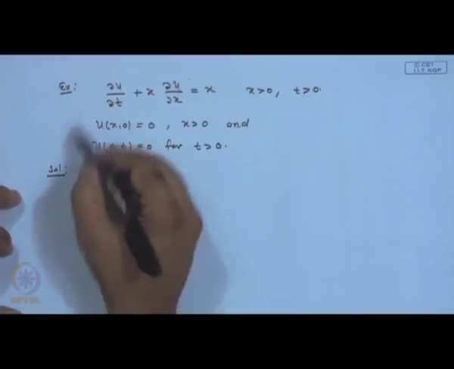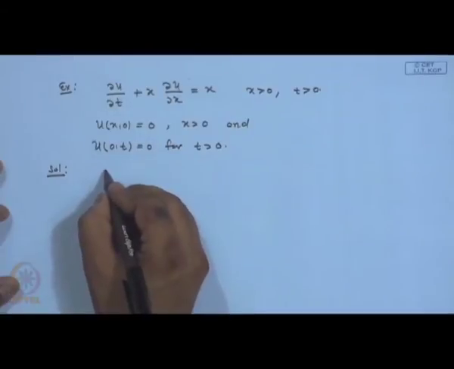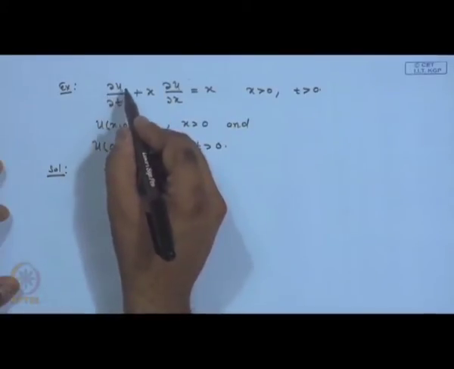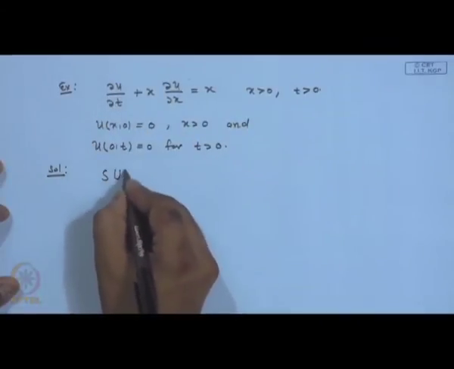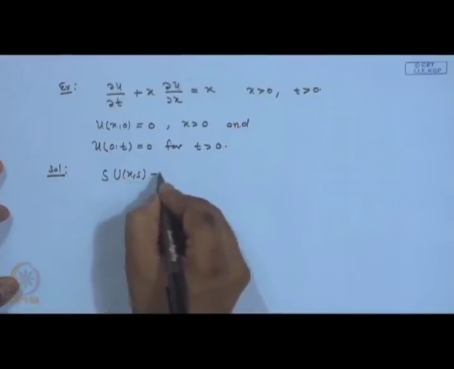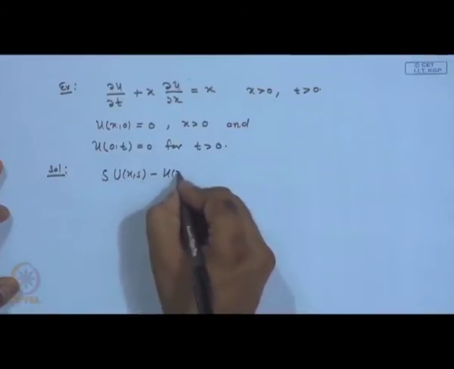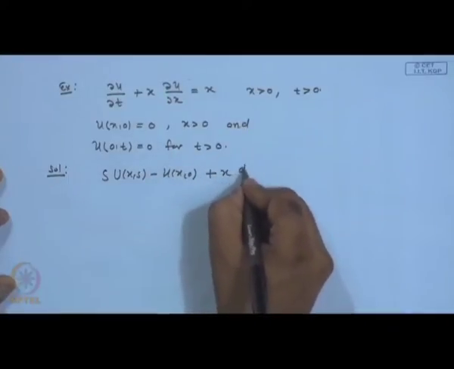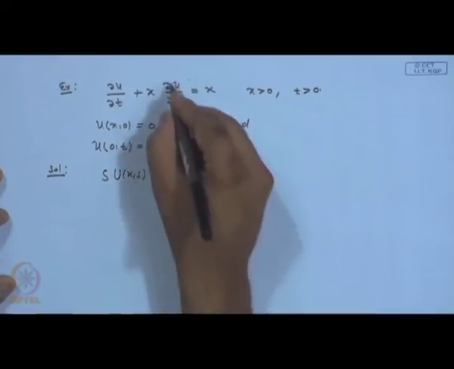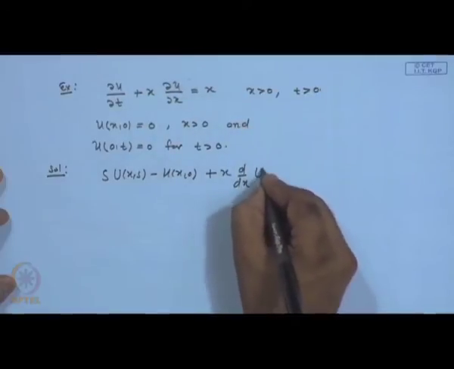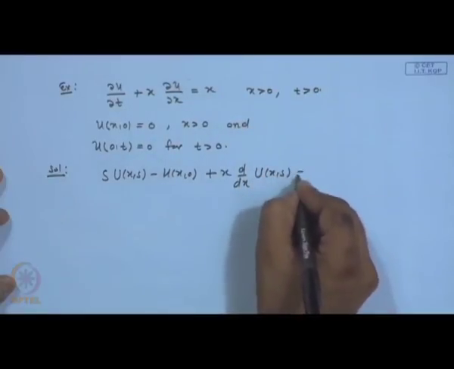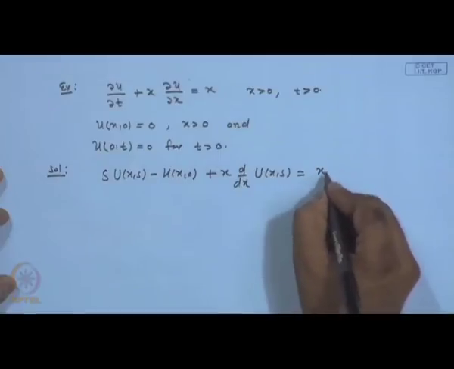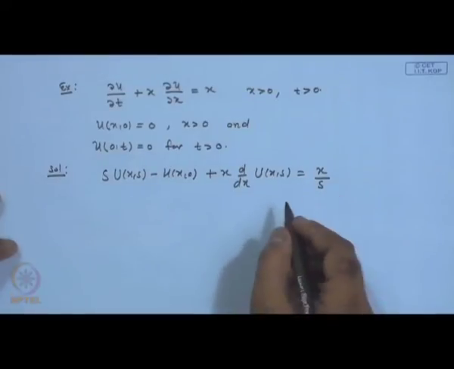Now, the similar steps. We take the Laplace transform, and in this case we have s u(x,s) minus u(x,0) plus x d/dx of u(x,s) on the left, and on the right-hand side the Laplace transform of 1, that is 1 over s.